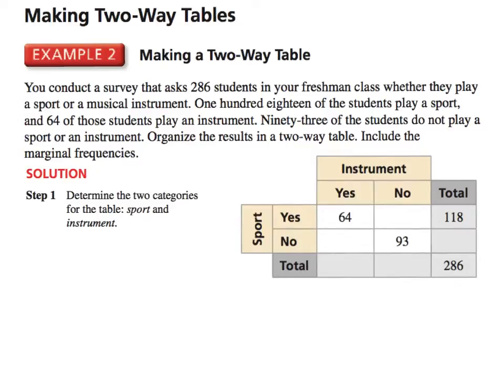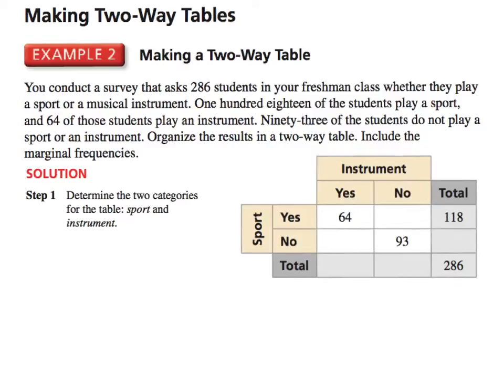Then 64 of those students, of the 118, also play an instrument. So this would be yes for instrument and yes for sport. So that's 64. Then it says 93 of the students do not play a sport or an instrument. So the no column and row would be 93. So now we can figure out the remainder of our information.